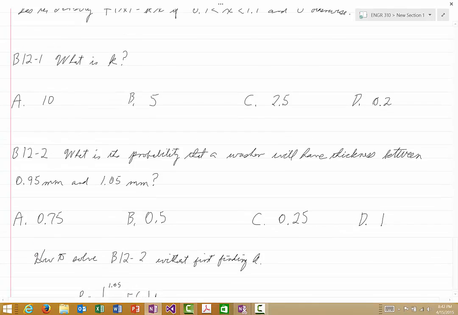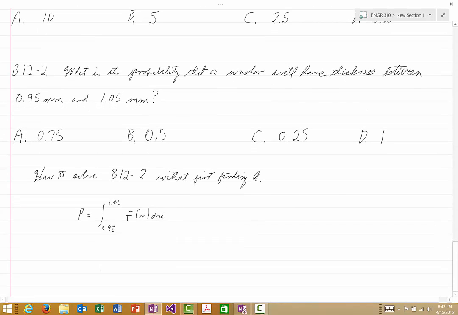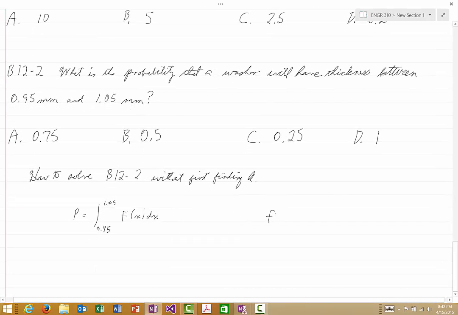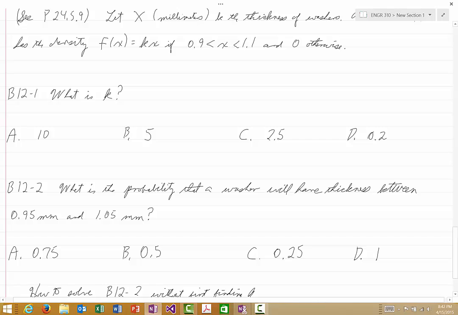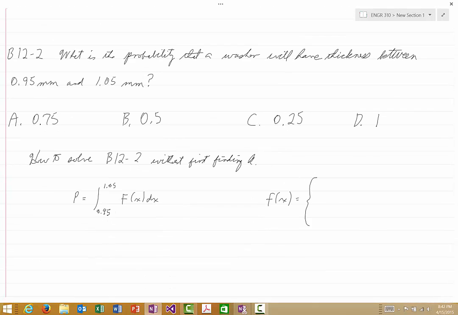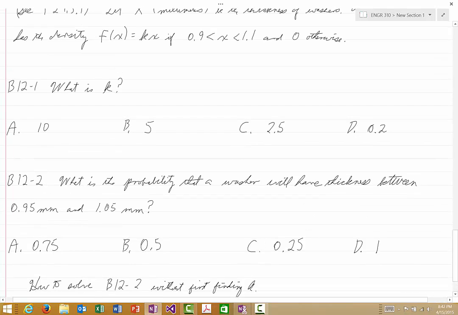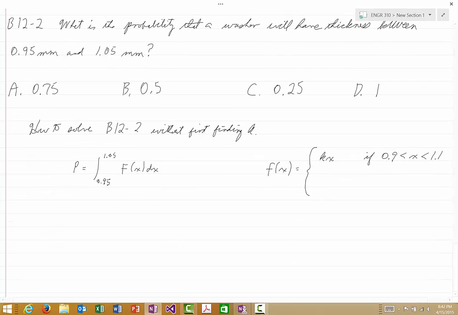And again, I'll just repeat for you that f of x in this problem is equal to kx if 0.9 is less than x is less than 1.1, and it's equal to 0 otherwise.